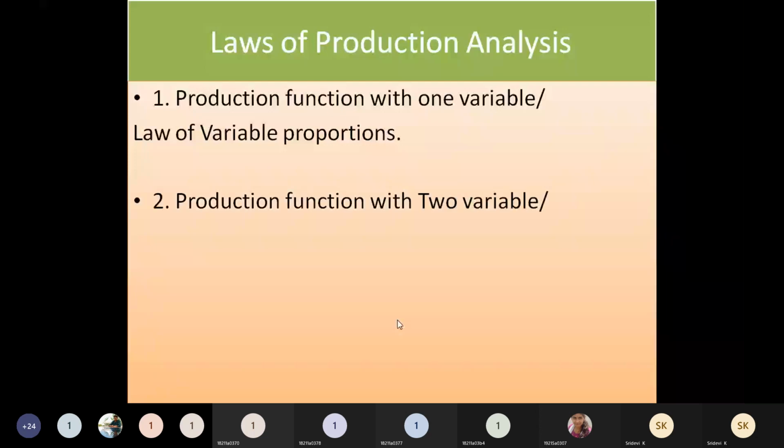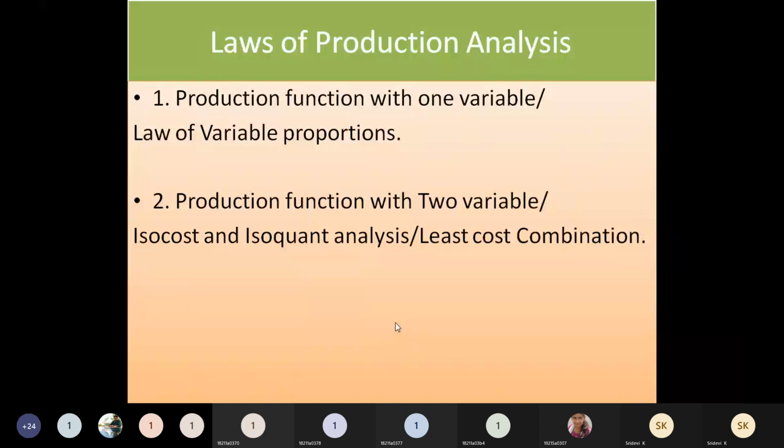And if you bring change in two variables, then it is called what? Production function with two variables. That means there you are going to change two inputs, two inputs among the listed above, among land, labor, capital, etc. With that we are going to come to a relationship of how the least cost combination is calculated.